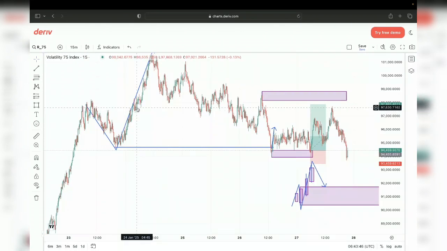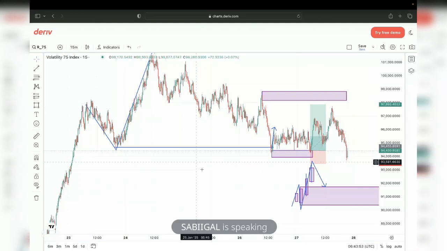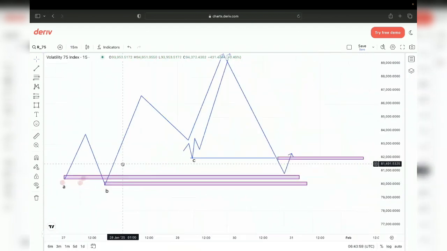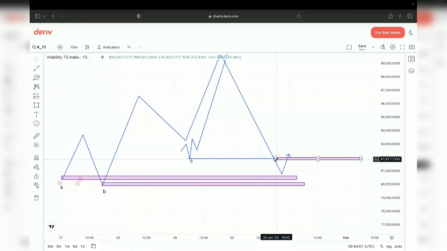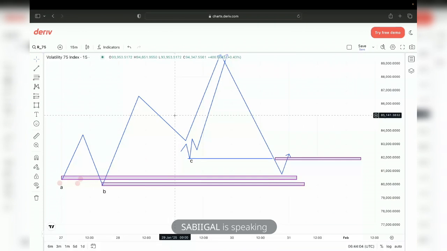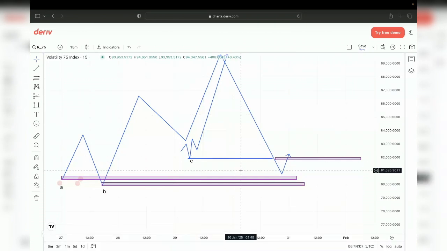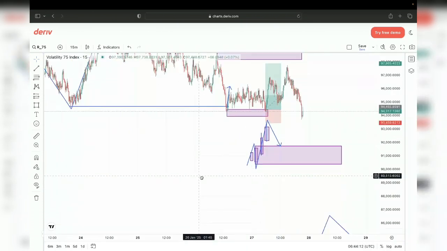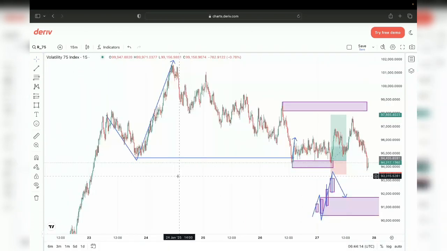Yes, go back to that diagram, your last diagram. Yes, you were saying A, B, C. Can you just show us very clearly on your charts?